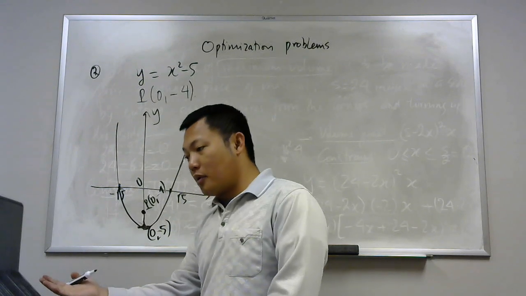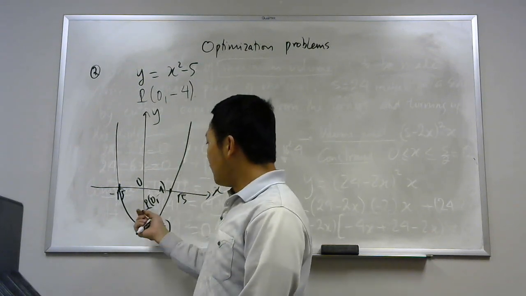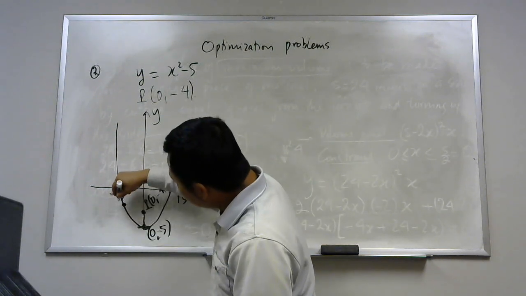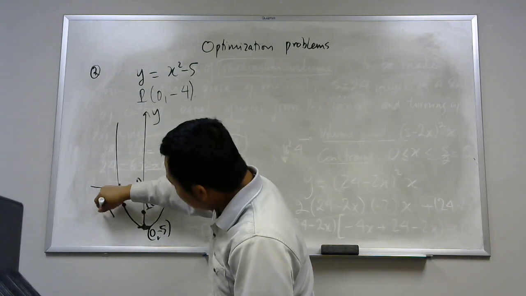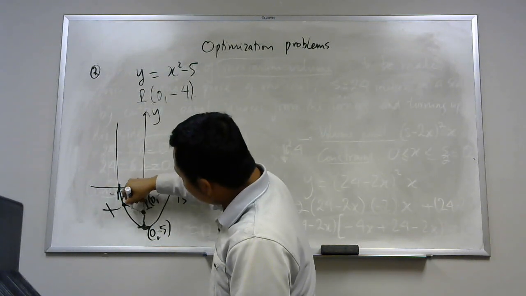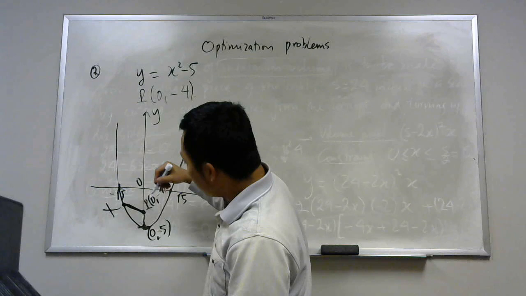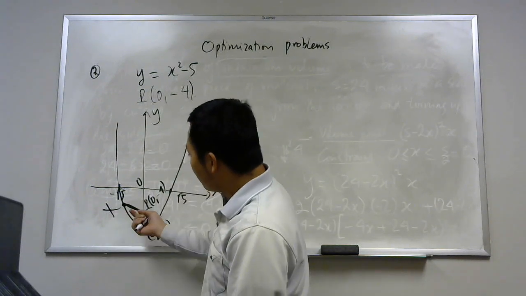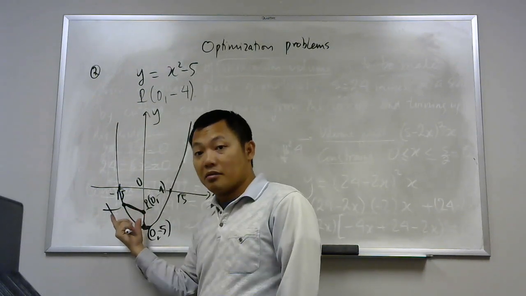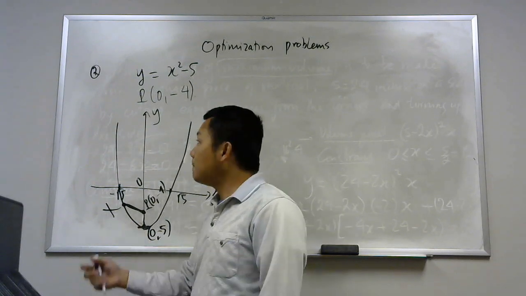So the closest point means we need to find the point. If you pick any point in here, for example, if this is the x, you can calculate the distance between the two points. And the closest one is where this distance is minimum, right?